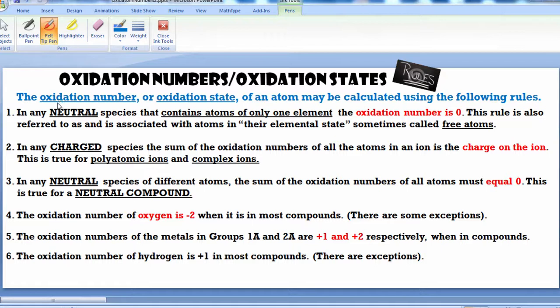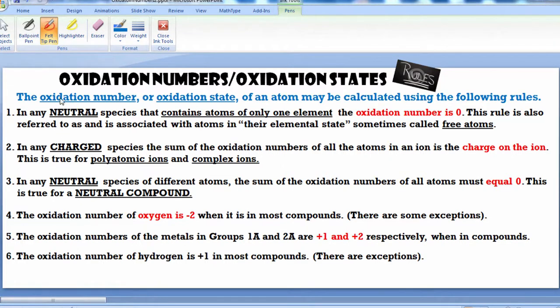Okay, we have an exam coming up this coming Friday, and this is going to be a mini review of some topics that may appear on the exam. So let's talk about oxidation numbers and oxidation states.